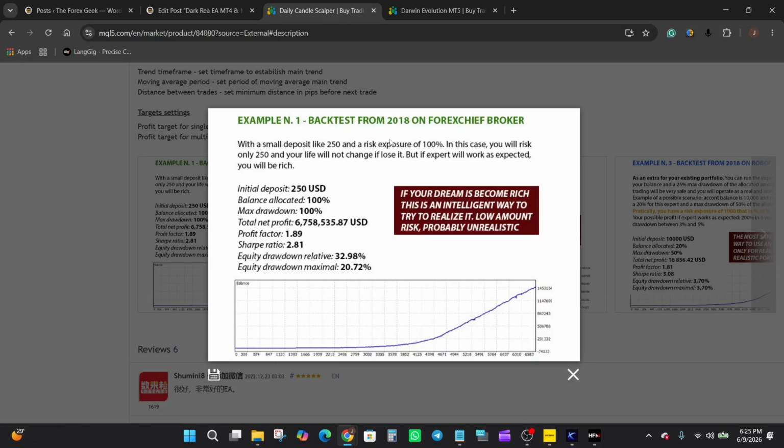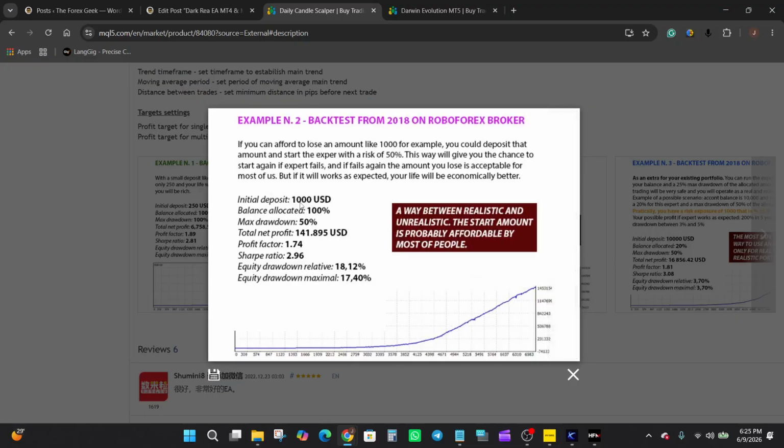So this was a backtest from 2018 on Forex Chief Broker. Initial deposit $250, 100% of the balance allocated. Total net profit $6.7 million from 2018. Okay, let's see. From 2018 on RoboForex, $1,000. Max drawdown 50%. Total net profit $141,895. Okay.